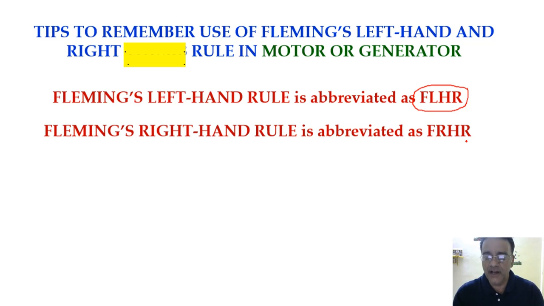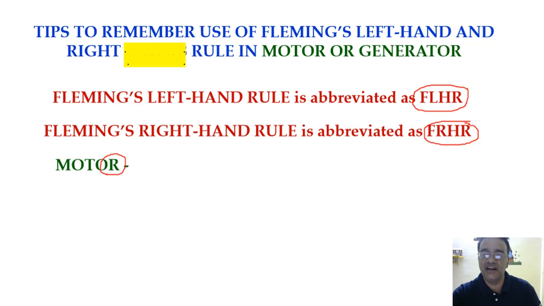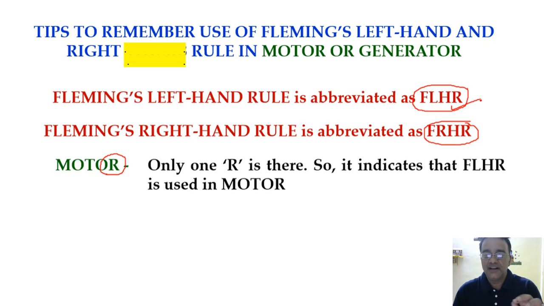Now we will take up first motor. How many R are there in motor? Only one R, right? मोटर में केवल एक ही R है. And ये दोनों abbreviation में किस में सिंगल R है? FLHR में. So that means it indicates that Fleming's left hand rule is used in motor.